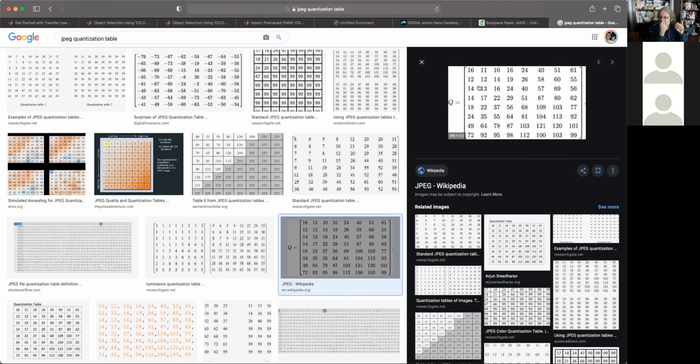So DCT based JPEG tends to keep the lower frequency values in good fidelity, but it tends to harshly quantize the higher frequency coefficients. All right, so that's what it is. These are the quantization coefficients of the JPEG.